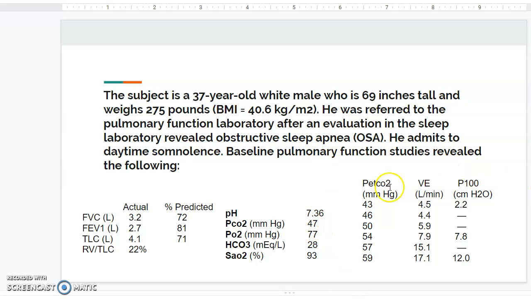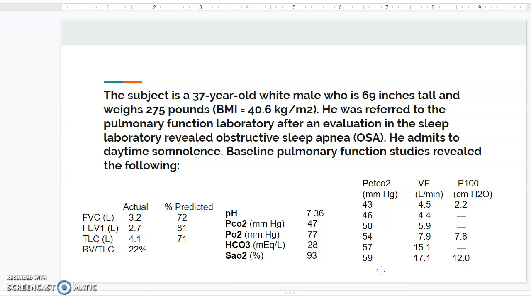Okay, next we're going to be looking at our ventilatory drive test. The recording technologist states that all data obtained during the CO2 rebreathing test were acceptable. The PETCO2 increased appropriately and the test was terminated after 4 minutes of rebreathing.